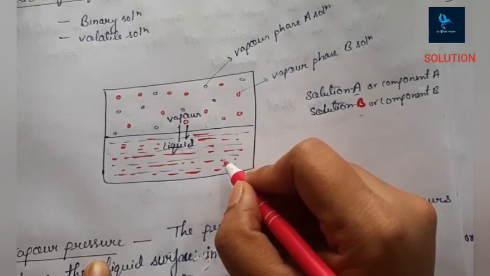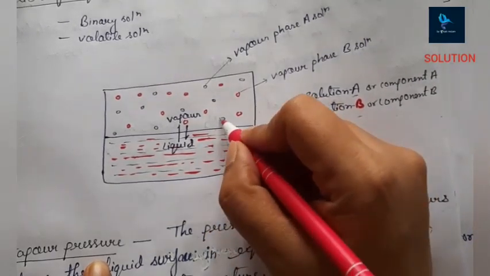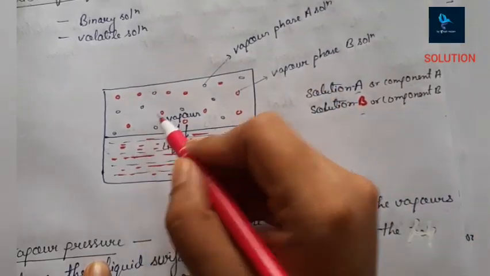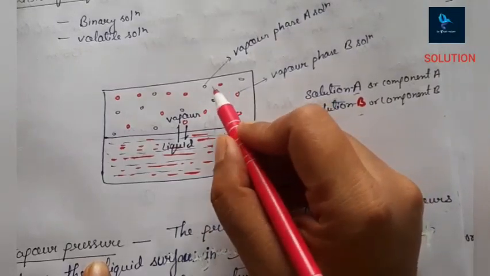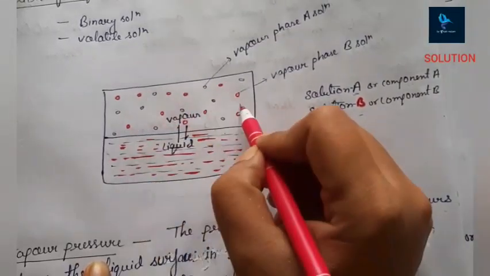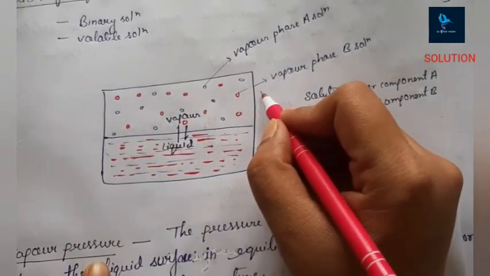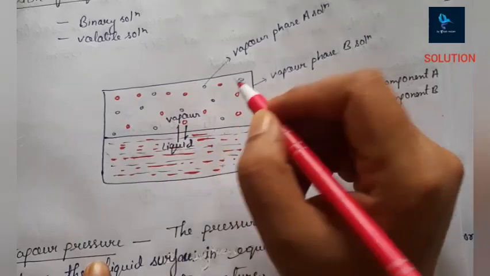You can easily see these liquids get converted into vapors, and these vapor molecules move randomly in the container and do not escape from it.